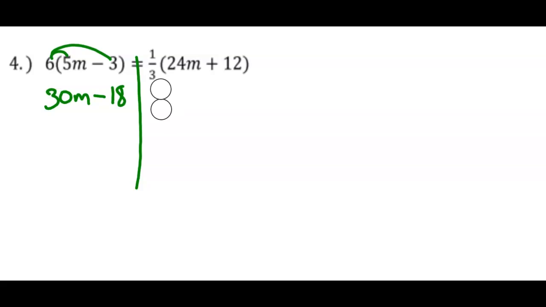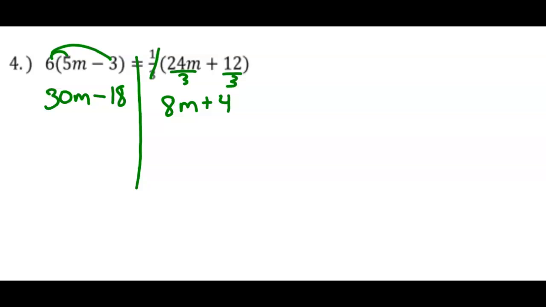But now, when I'm doing 1/3, it's really like I'm dividing. So I'm really going to divide both of these by 3 instead. So 24 divided by 3 is 8m. 12 divided by 3 is 4.